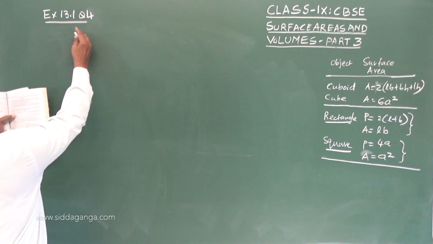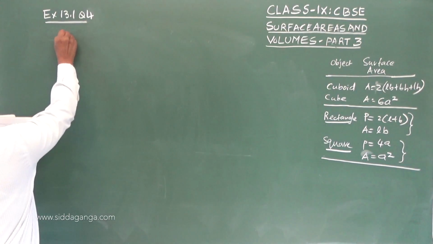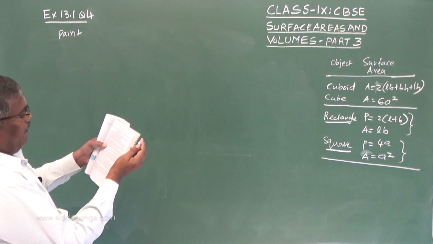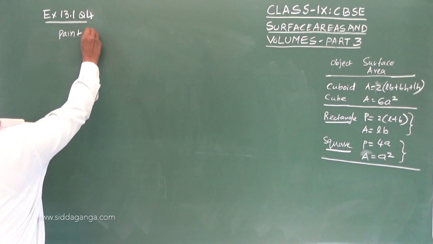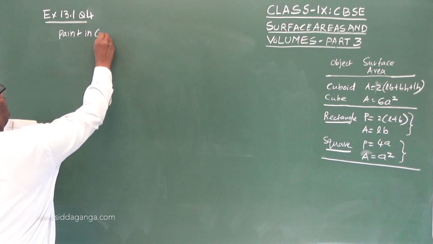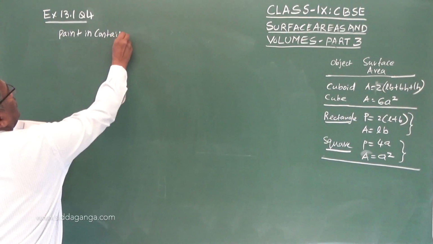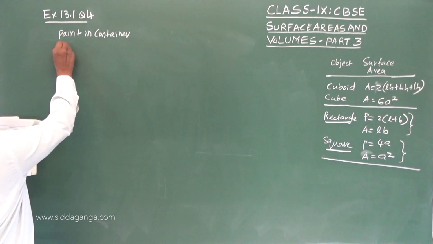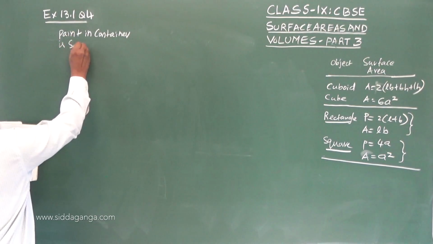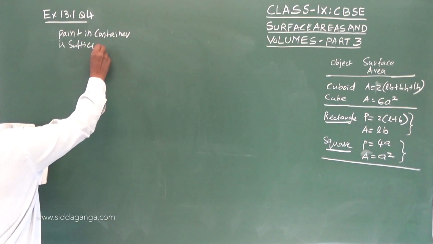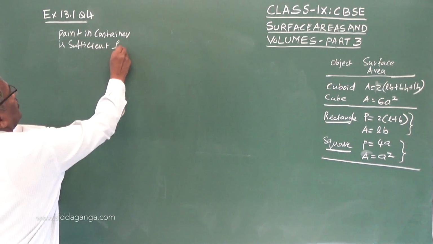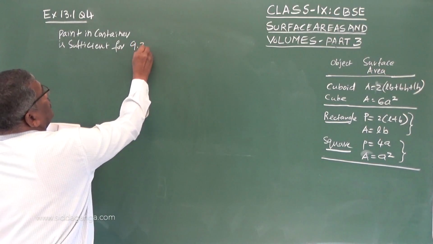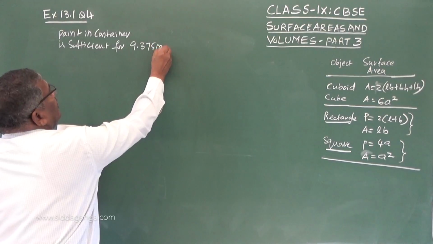So the paint in the container is sufficient for 9.375 meter square.